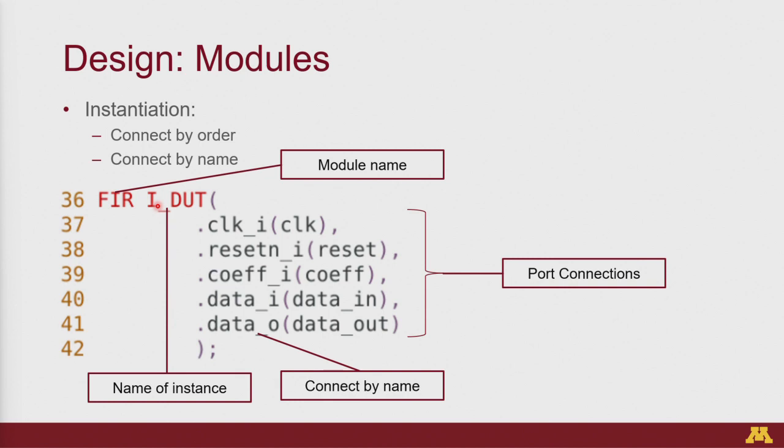For example, this is FIR1 with these parameters, and this is FIR2 with these parameters. I can even create two instances with the same parameters if I connect it, let's say, to a different set of inputs. Like I said, modules are essentially building blocks, and how you put them in and connect them to each other is up to you as a designer. Is this part clear to everyone?